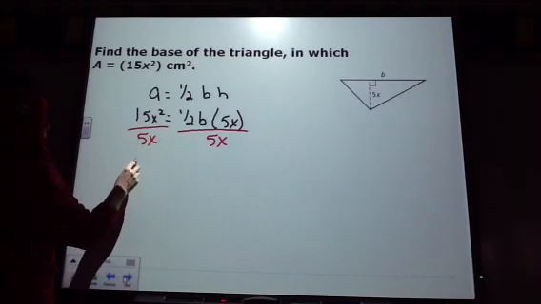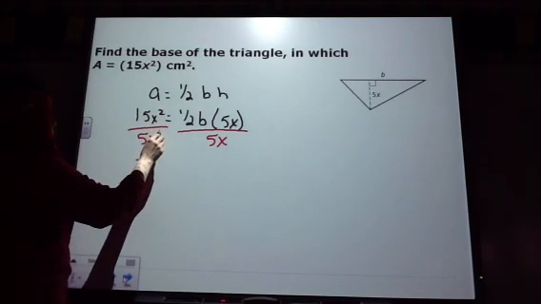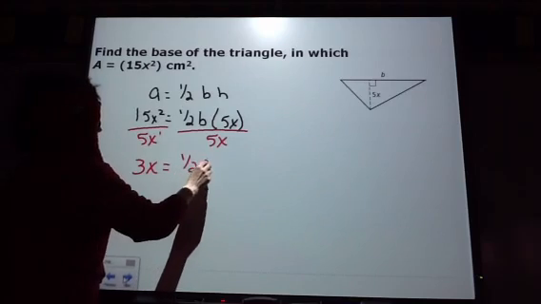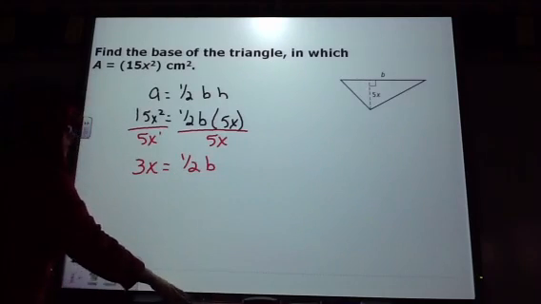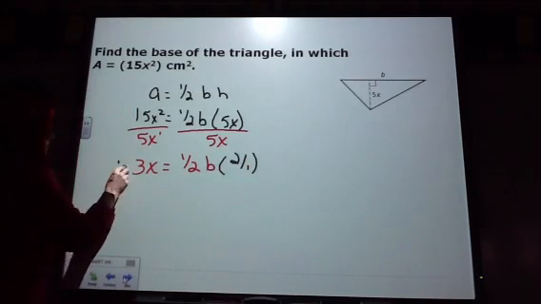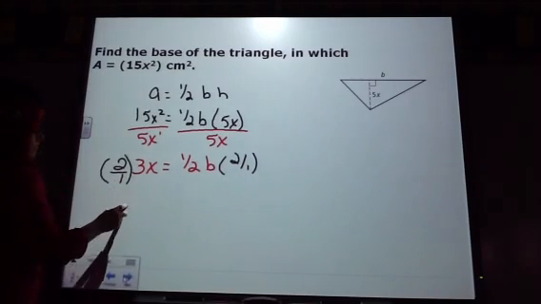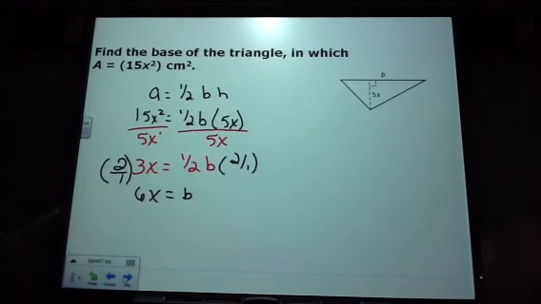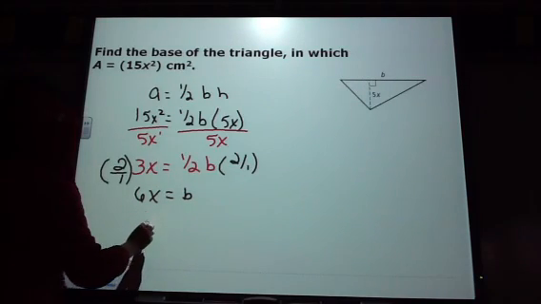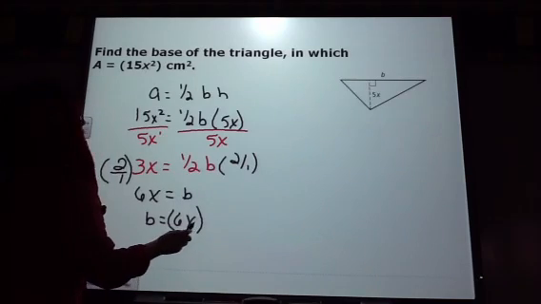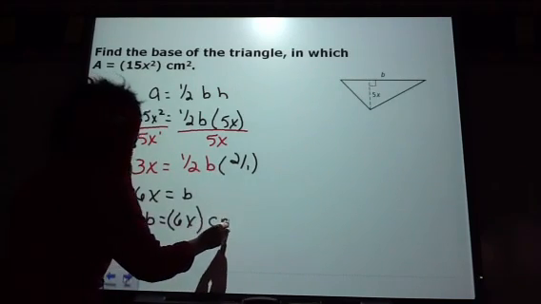So 15 divided by 5 is 3. x squared divided by x will give me x. And then to cancel out the 1/2, I multiply by its reciprocal. So I have 6x equals b. So my base is 6x. That represents a number, and we're talking about centimeters.